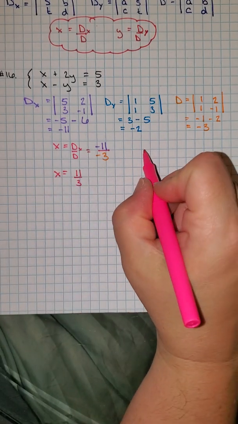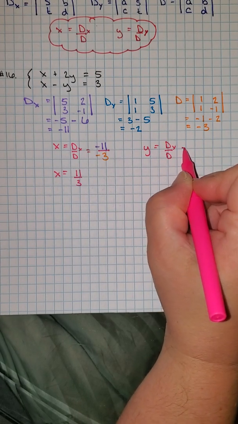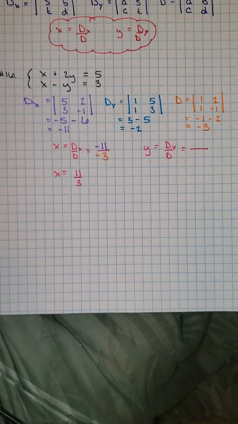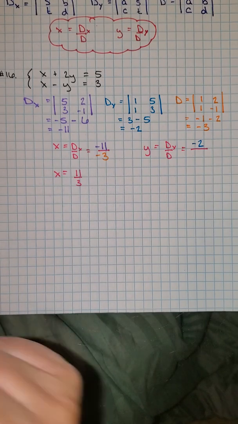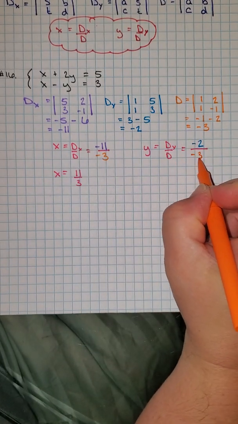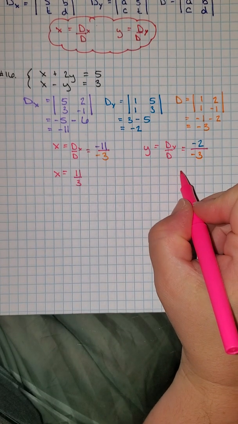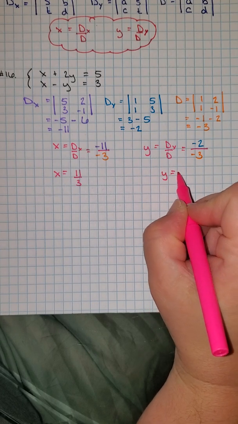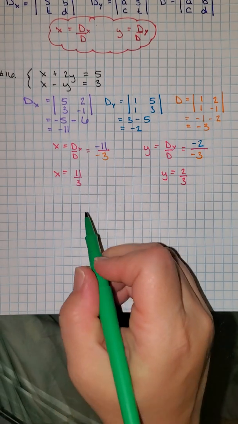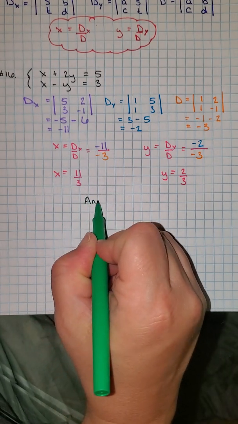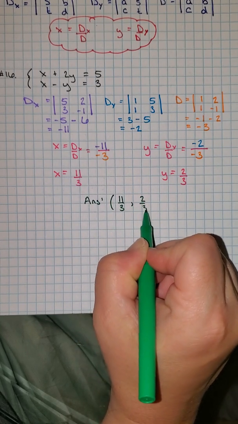Right, and then y is your d sub y over d. So d sub y is negative 2. D is negative 3. Negative 2 over negative 3, it'll stay a fraction, but it is positive. So y equals 2/3. So our final answer would be the point with 11/3 for the x and 2/3 for the y.